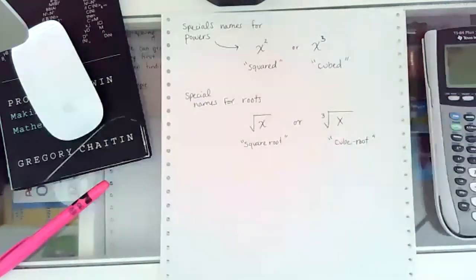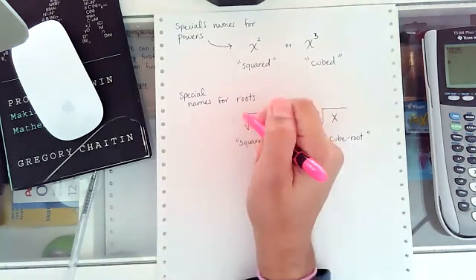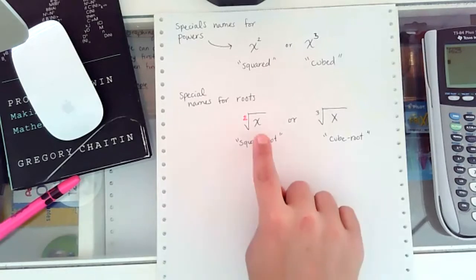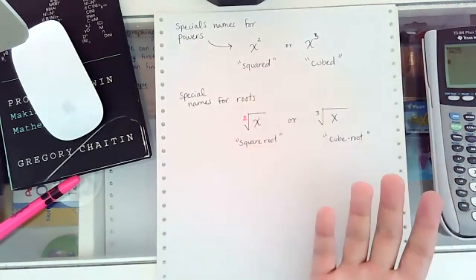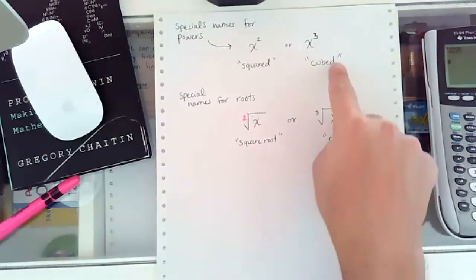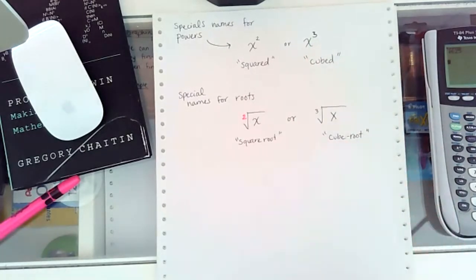But after that, we get really lazy and we just say we'll raise something to the 4th power, to the 5th power, to the 6th power. There isn't a fancy geometric name that we give to the power. Similarly, the square root has an understood little 2 that we never write for some reason. But that corresponds to being squared, so we call it the square root. Similarly, the index of 3 on that radical expression is the inverse of the cube operation, so that's why we call it the cube root.